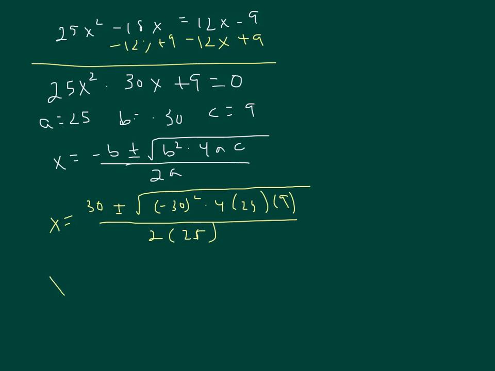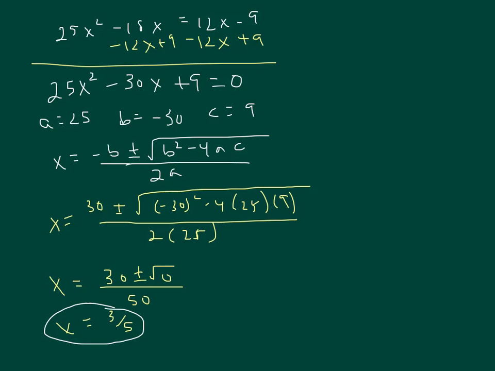Take a moment, process that, see what you get. Press pause. After a little number crunching, you end up with the square root of 0. And there's only one answer for the square root of 0. So that means there's only going to be one zero here, 3/5.